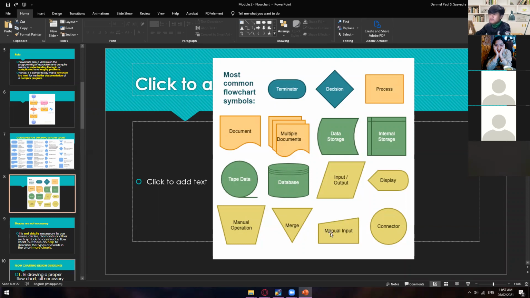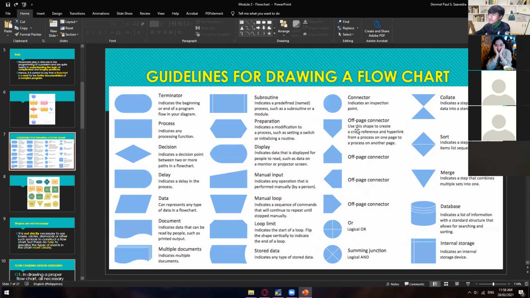Then merge, manual input. Manual operation is mostly combined with manual input. So if you have manual operation, you also have manual input. And then we have here the connector. The difference of the connector from the off-page connector is the connector is still inside the page.